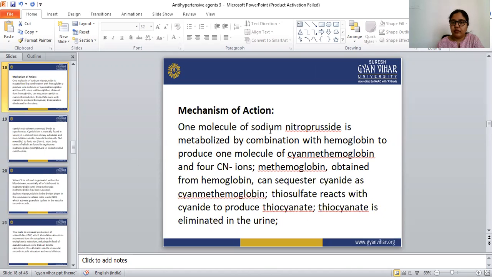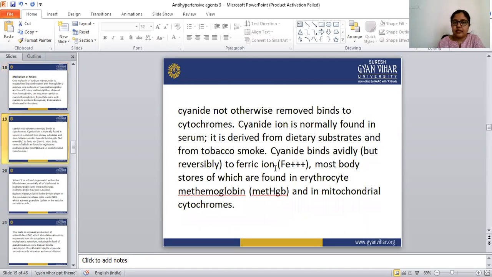When sodium nitroprusside is administered to the patient, one molecule is metabolized by combination with hemoglobin to produce one molecule of cyanomethemoglobin and 4 cyanide ions. Methemoglobin obtained from the hemoglobin can sequester cyanide as cyanomethemoglobin. Thiosulfate reacts with the cyanide to produce thiocyanate, and thiocyanate is eliminated in the urine. Cyanide not otherwise removed binds to the cytochromes.